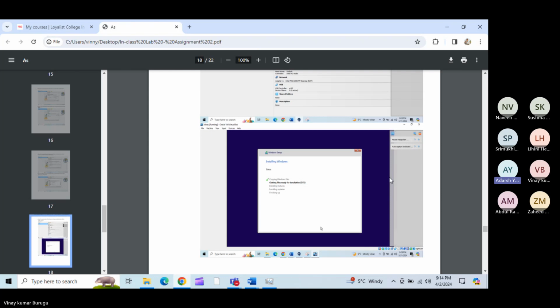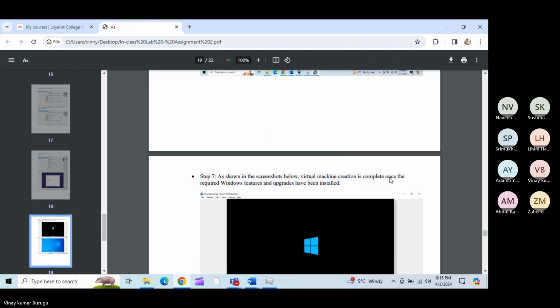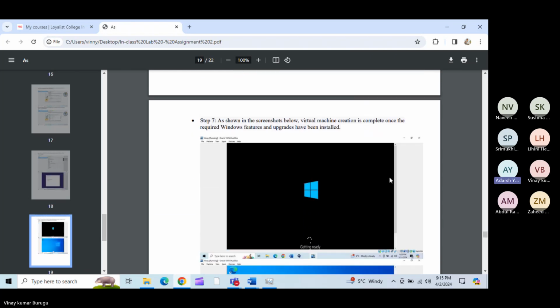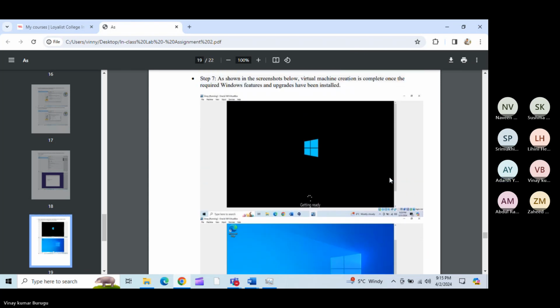It will take time to install, and after that we need to log in and give our password, which we have given in the first step, and then we can see the Windows is installed perfectly.